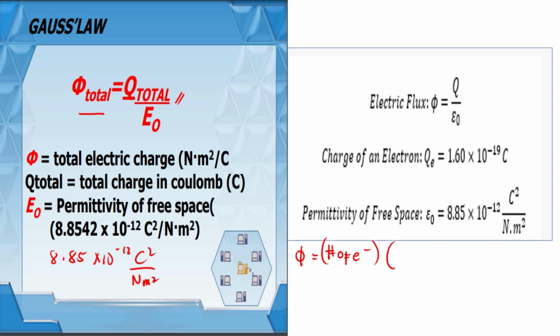We just multiply it with the charge of the electron, QE, divided by your permittivity of free space. So that's still the formula. If you want to solve for the flux total, you can use the number of electrons times the QE, which is 1.60 times 10 raised to negative 19 Coulomb, over the permittivity of free space.